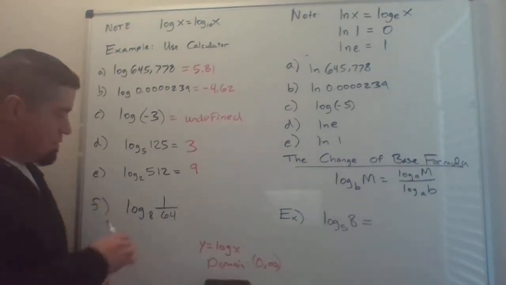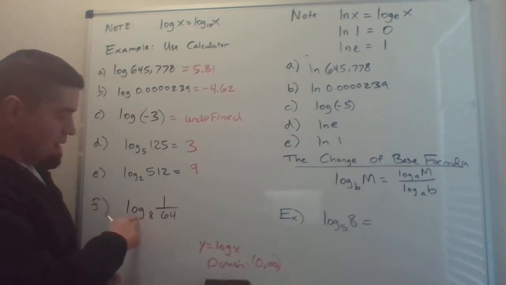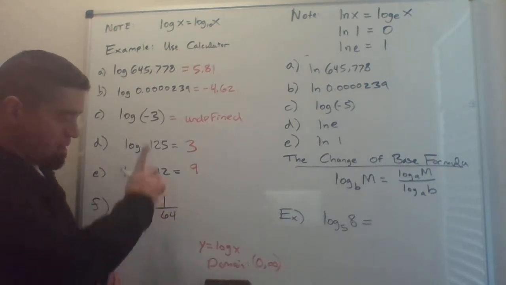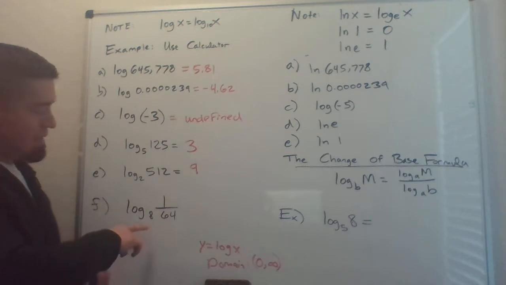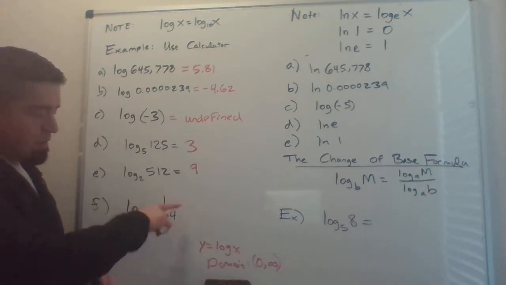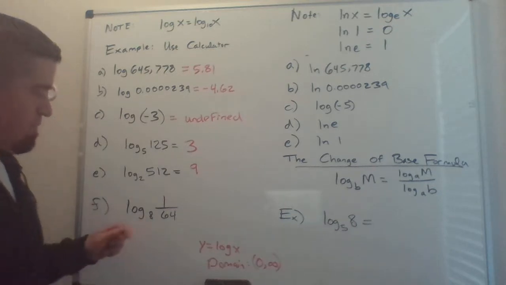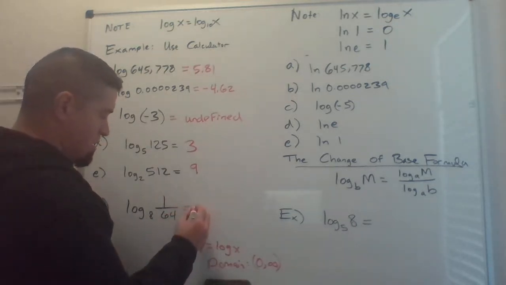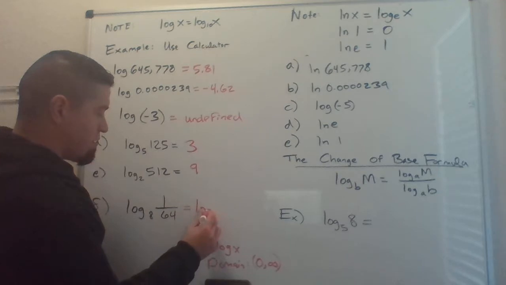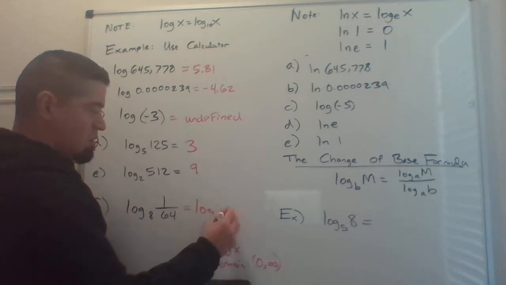Okay, so then if you type this in, go to math, up, and you'll see log base, and then you can type this out, log base 8 of 1 over 64. But I could also do it in another method, but you should try it on the calculator because you're going to need that skill.